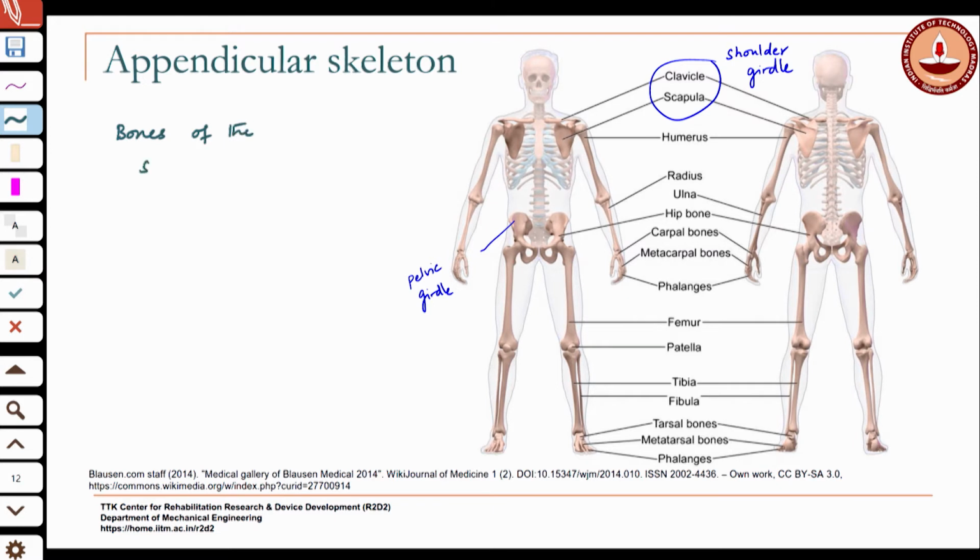So, the appendicular skeleton is the bones of the shoulder girdle, or pectoral girdle. Girdle implies support, so it is supporting the arms.